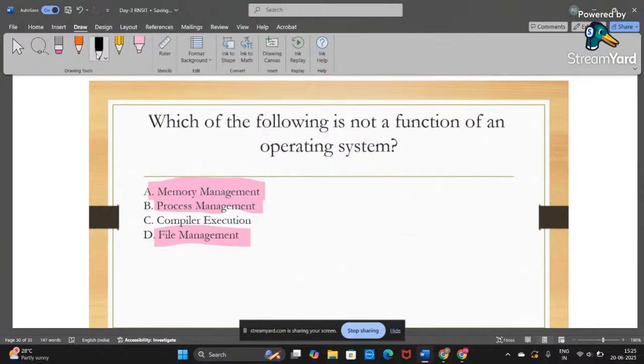Compiler execution we have not seen. So it does not come under the functions of an operating system. So option C for this.